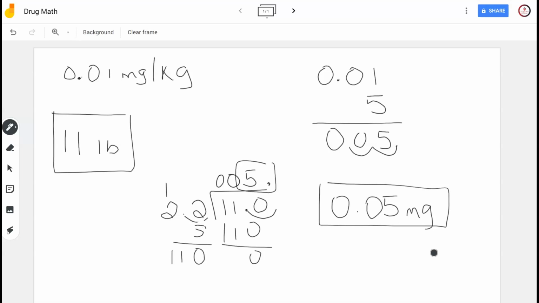Is that the question? Or does it ask how many milliliters? Why is it 0.05? Yeah, that's the correct answer, Nicole. It doesn't say milligrams, it just says decimals.